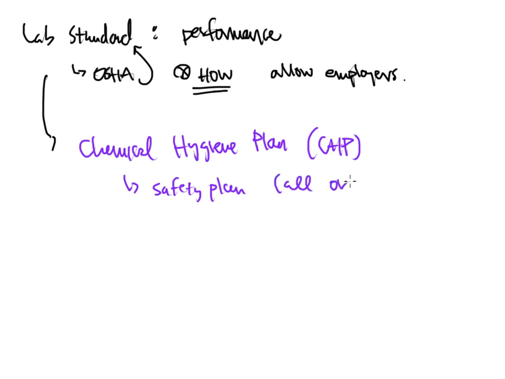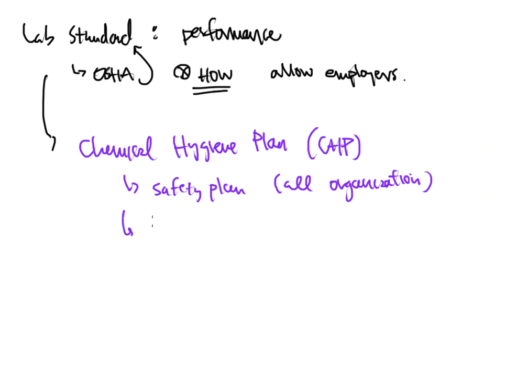All organizations have to have one, right? A lot of times we see academics being an exception. Academic laboratories don't have to do this. Academic labs don't have to do that. But academic labs at a community college, even at a high school, if they have a lab space, they should have a chemical hygiene plan in place. All right? So all organizations, even academic institutions of all areas, have to have a chemical hygiene plan, which is basically a safety plan.